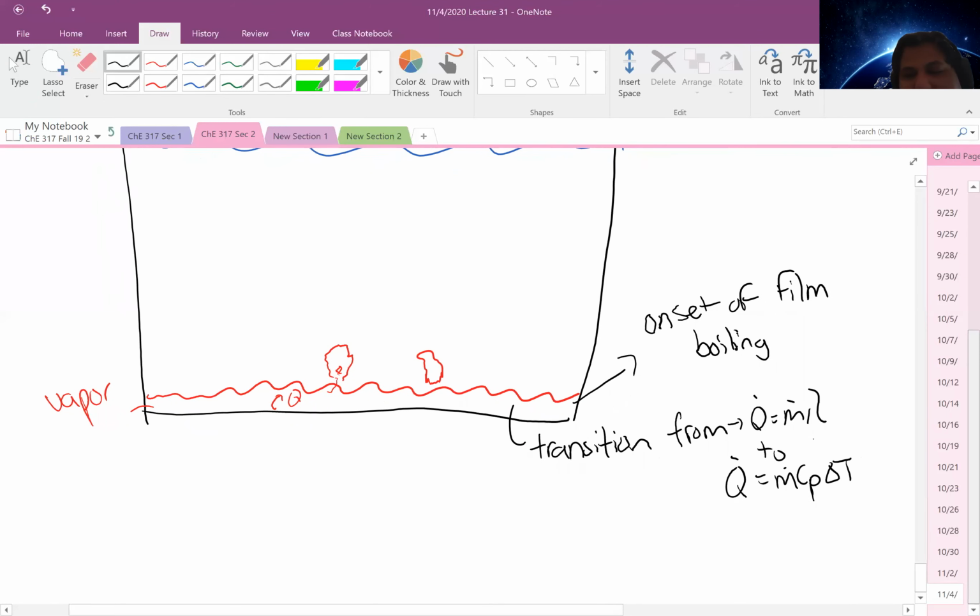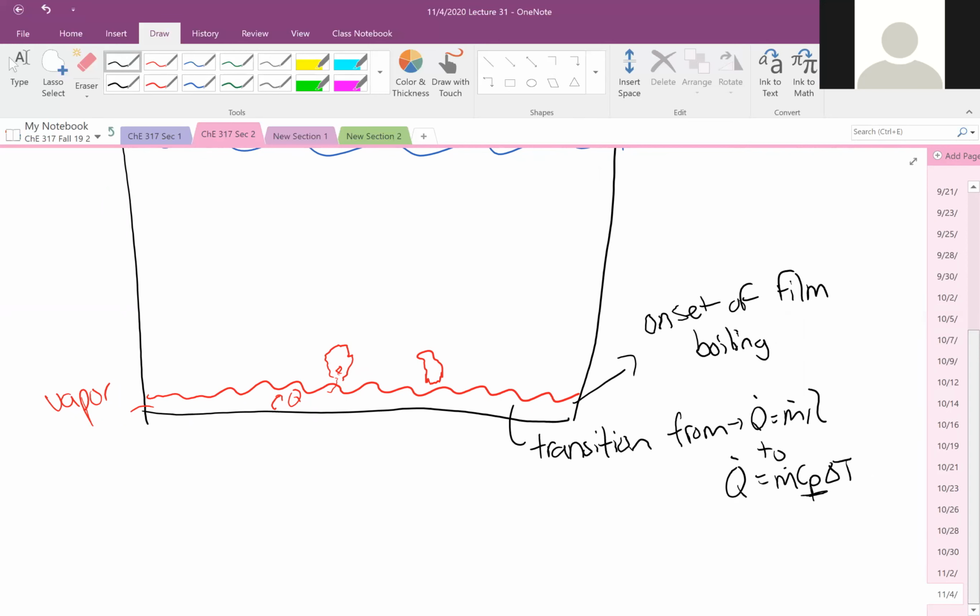Because we're going from boiling liquid to, all of a sudden at that interface, heating a vapor. And what do we know about the heat capacity of gases and vapors? Much, much smaller than liquids. They're relatively small, all things considered. And so every little bit of heat that gets added to that vapor is going to cause a really high jump in the temperature of the vapor.